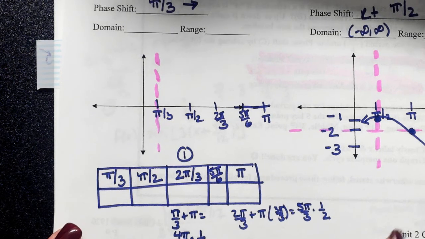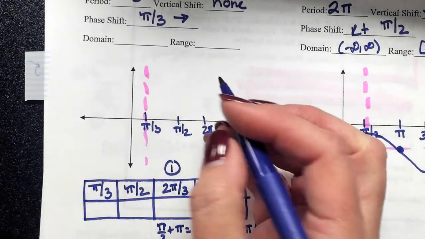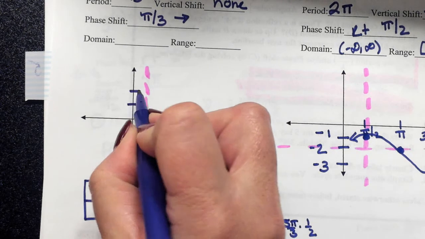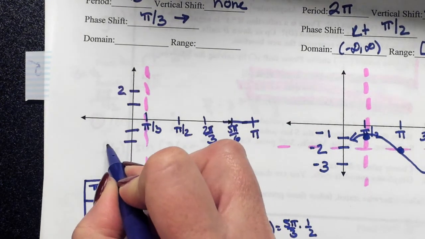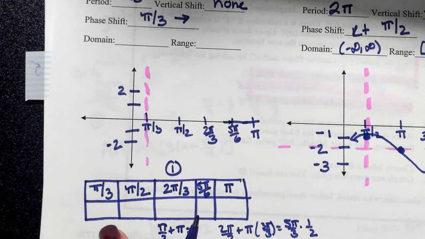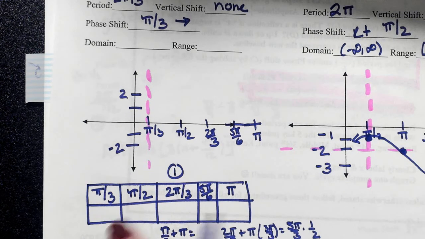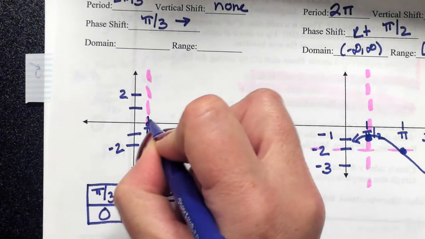Where's your baseline? Your baseline is going to be 0. My amplitude is 2. So I know it's going to be 2 units above, 2 units below the baseline. Now it's a sine curve with no reflection. So where does this first key point start? Base. So it's going to be 0.